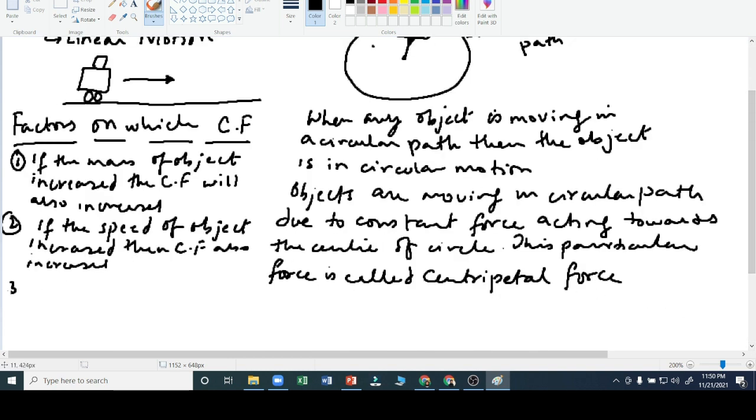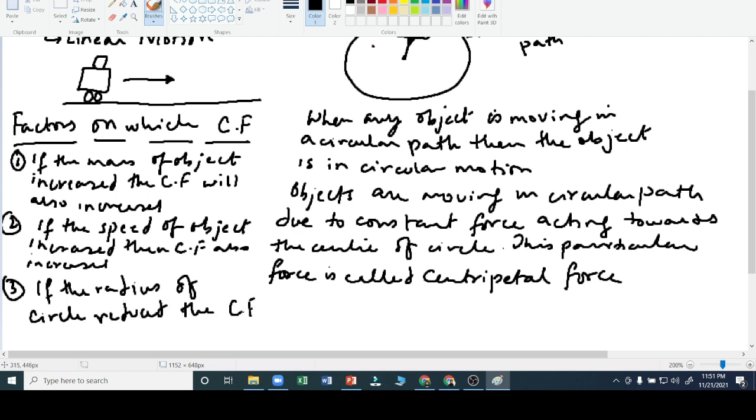The third thing is, if the radius of the circle is reduced, then the centripetal force increases. What is the radius?